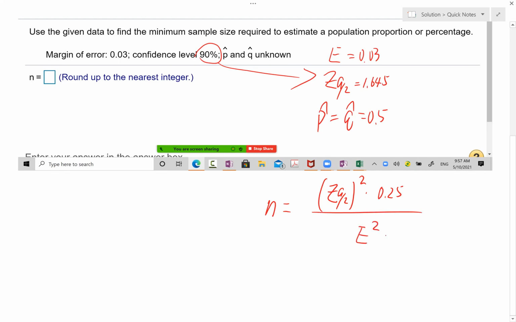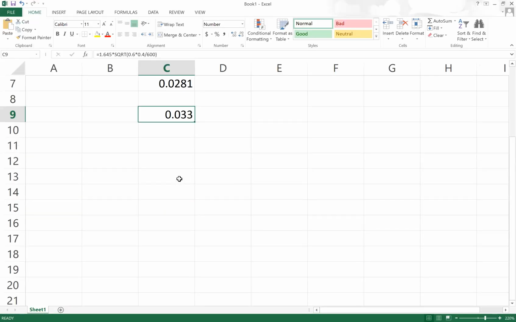Okay, so now let's throw in our numbers. 1.645 square times 0.25 over 0.03 square. Okay, and we're going to get a decimal, and the rounding rule here is always round up to the next whole number. So let's put it in. Okay.